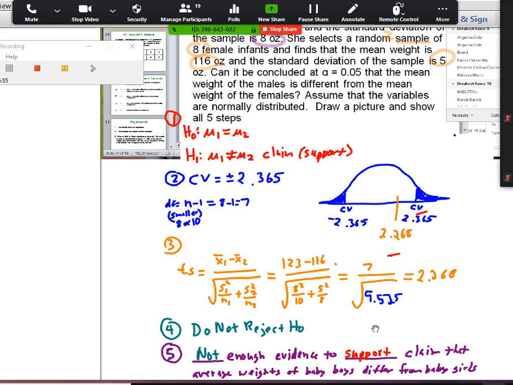Professor Young? Yes. Will you have any problems where H naught will be the claim? Yes, I absolutely will. On the exam, there'll be at least one problem where H naught is the claim, and you'll have to use the word reject down here. But will you have any examples for us? Yeah, we did one earlier. We've done a couple.